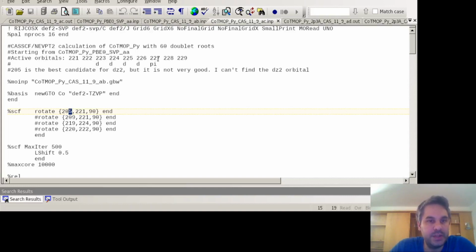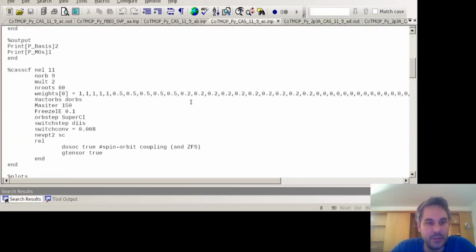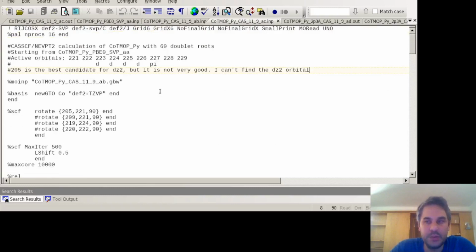You could use comments to give yourself basically a notebook of what you have been doing. So what I wrote here is 205 is the best candidate for dz square, but it is not very good. And I also wrote I can't find the dz square orbital, but actually it turned out I did find it. This was a good approximation. Then I run basically the same options as before.